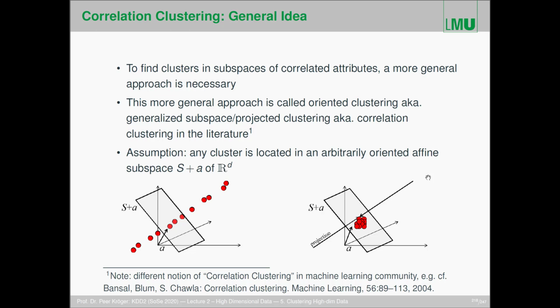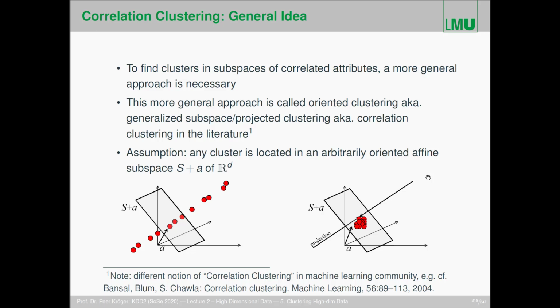Once again, a warning. In the research community, correlation clustering is used ambiguously, because some use it as we use it here in the lecture, where we want to find clusters in arbitrarily oriented subspaces. But correlation clustering sometimes is also a synonym for, or a special thing in, spectral clustering.